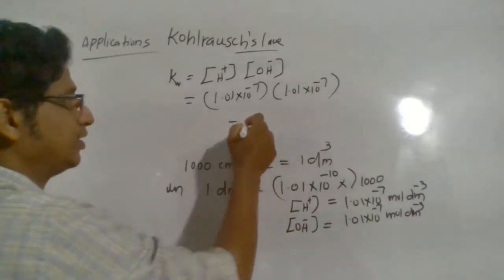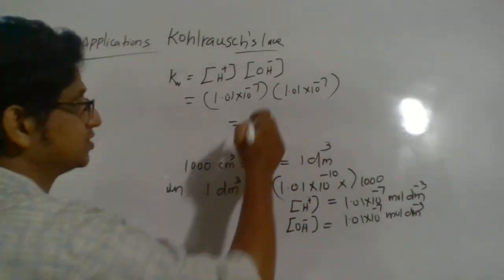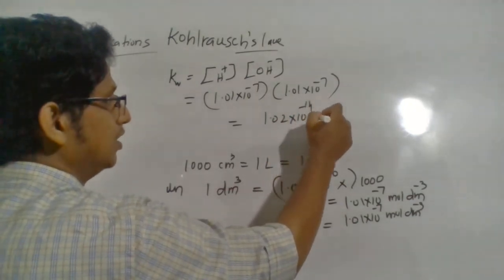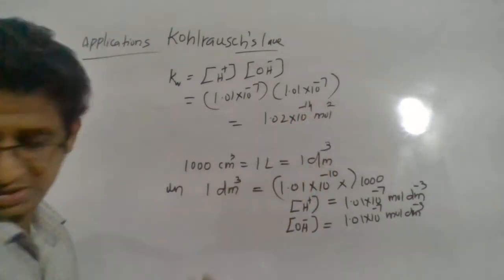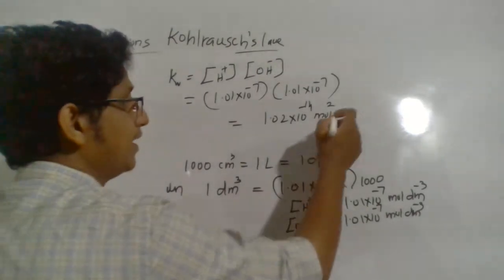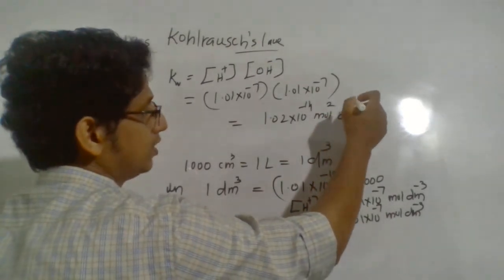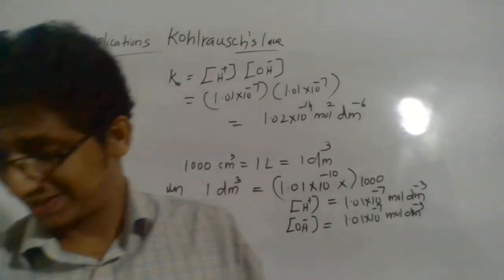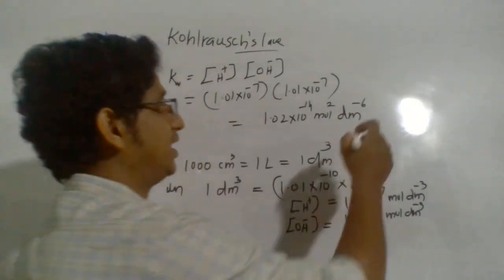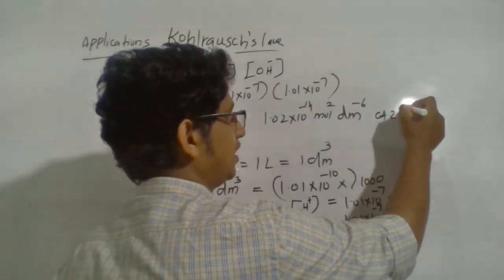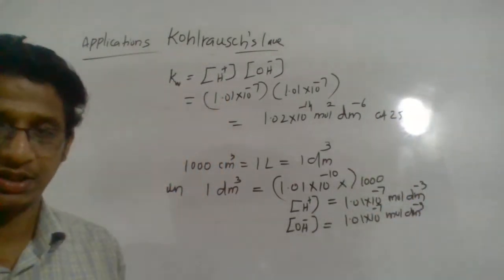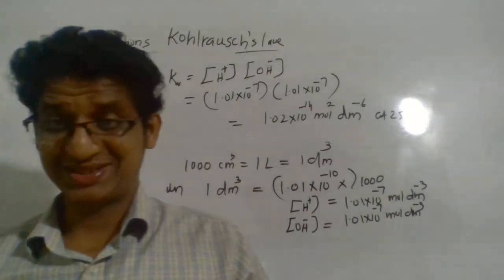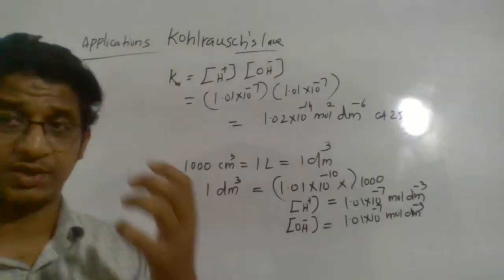If you multiply it, you will get a value of around 1.02 into 10 raised to minus 14 mole square per decimeter raised to minus 6. This is the case at 25 degrees Celsius, our normal temperature. So this is the way you can find the molar ionic product of water.